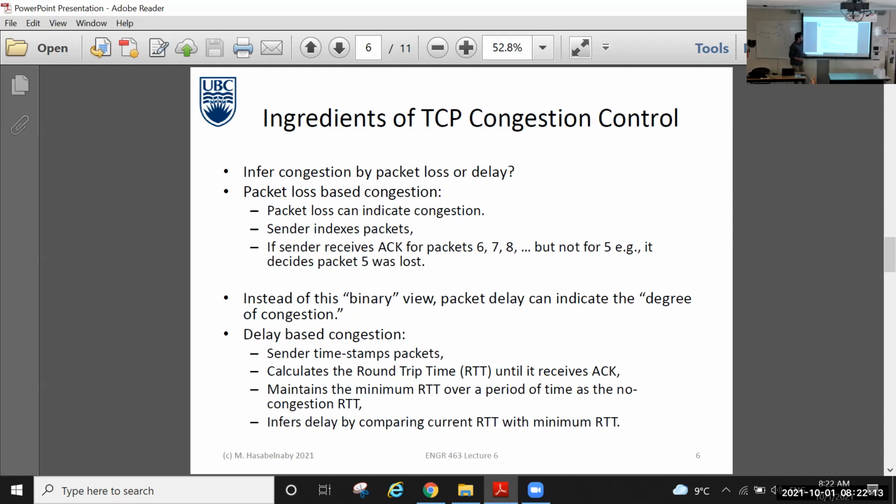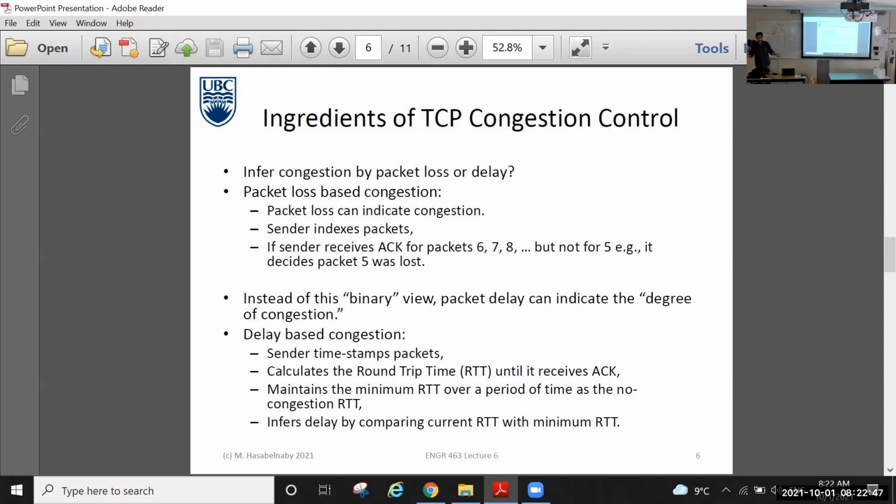In packet loss congestion protocols, if I send packets 1, 2, 3, 4, 5, 6, 7, 8, and what I receive is acknowledgements for 1, 2, 3, 4, 5, 6, 8, I didn't receive an acknowledgement for packet 7, and its round trip time is over. What does this mean?